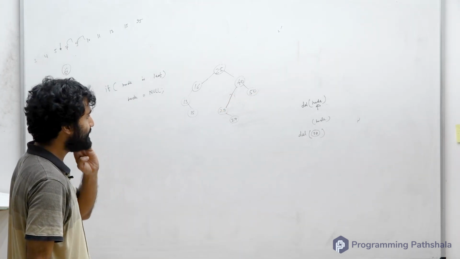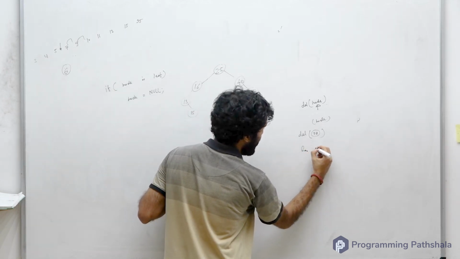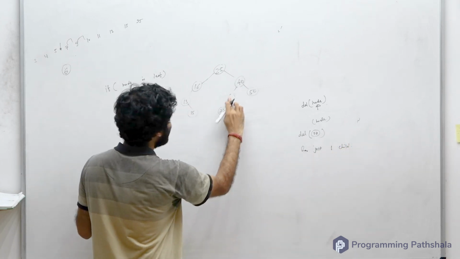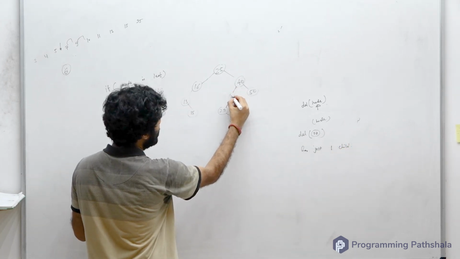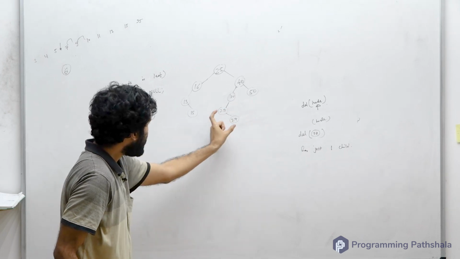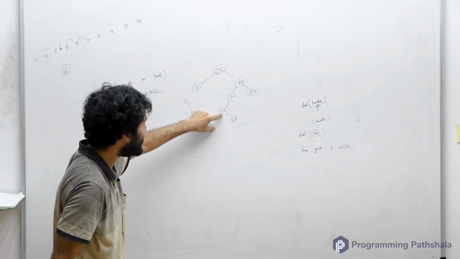So things are very easy where my node has just one child. So the point is that if my node has just one child, remove the node and instead of that node, bring the root of that child.